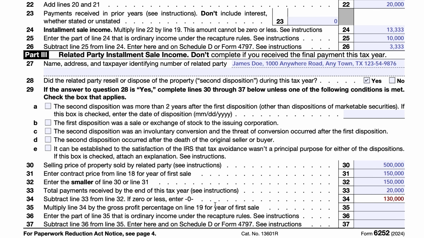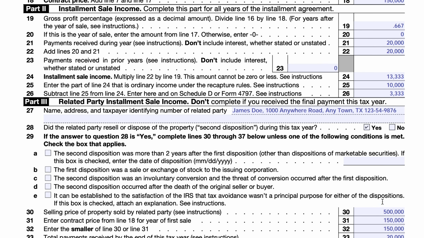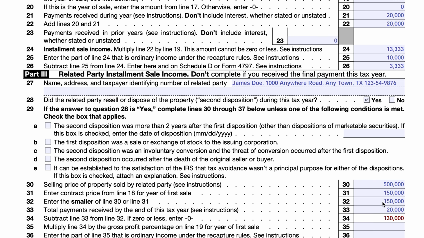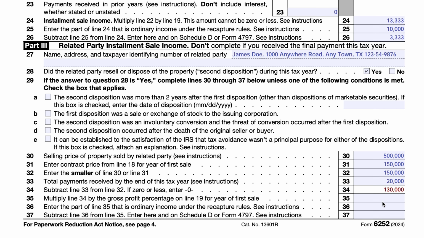And then we're going to multiply this by the gross profit percentage up here. So 130,000 times 2/3 gives us 86. And then we would enter the part of line 35 that is ordinary income, or that is subject to recapture.